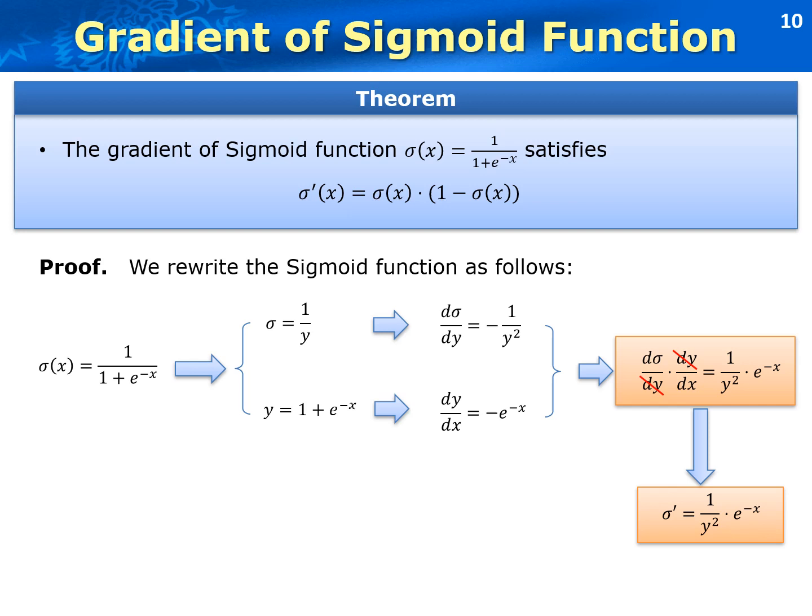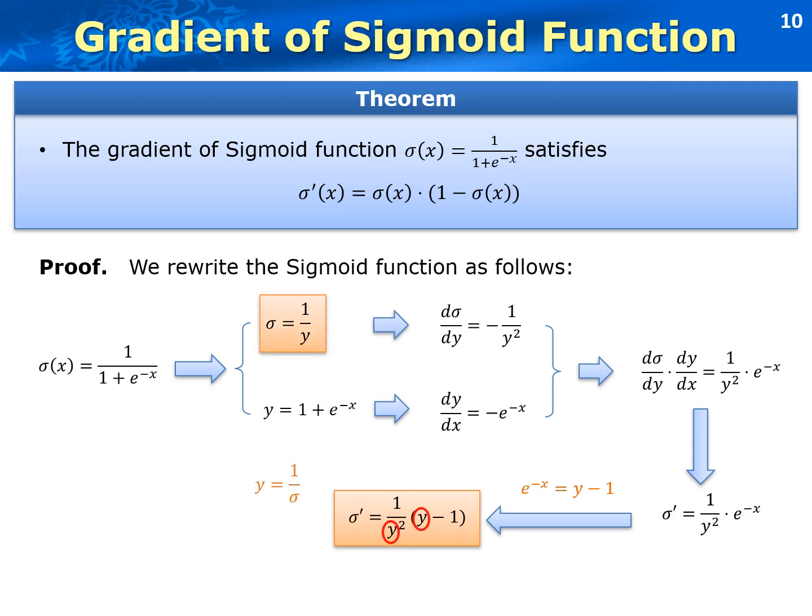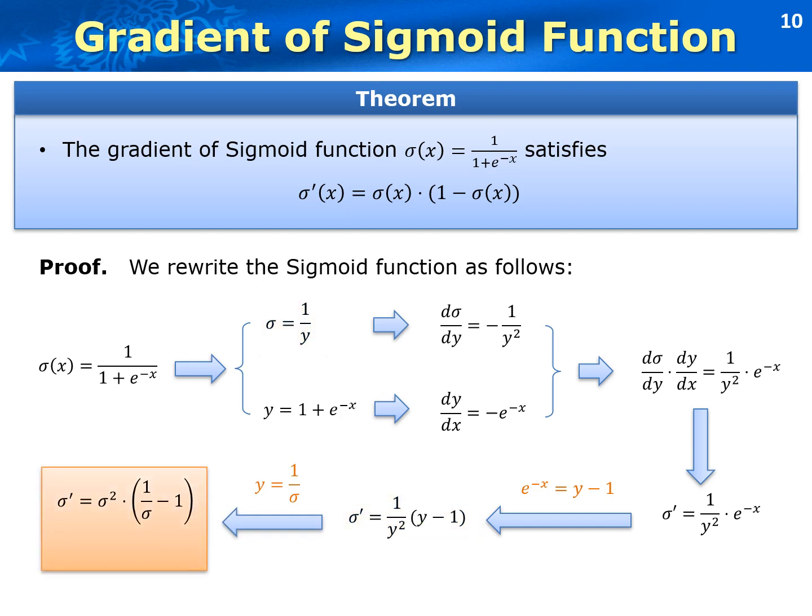Then, using this equation, e to the minus x can be rewritten as y minus 1. Plugging this result, we can rewrite the derivative of the sigmoid function in terms of y. Based on this equation, we can replace y with 1 over sigma. Then, the derivative of the sigmoid function can be rewritten in terms of only sigma itself. Simplifying this expression produces our final result.